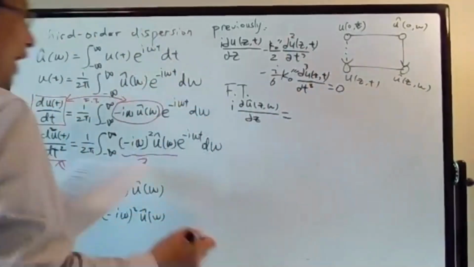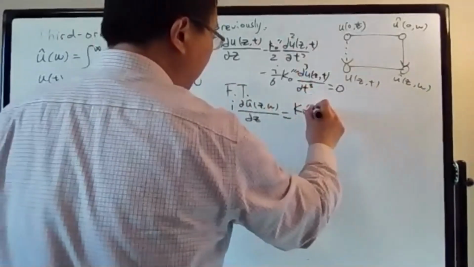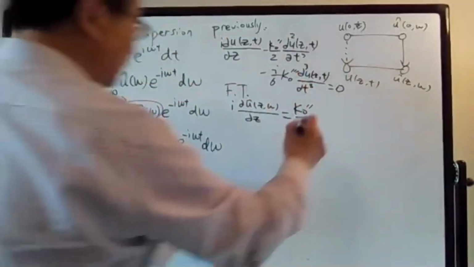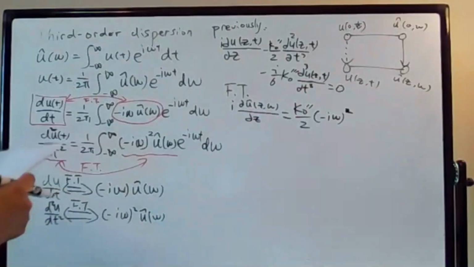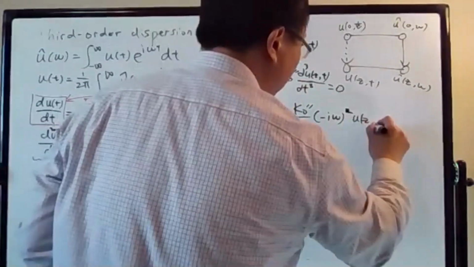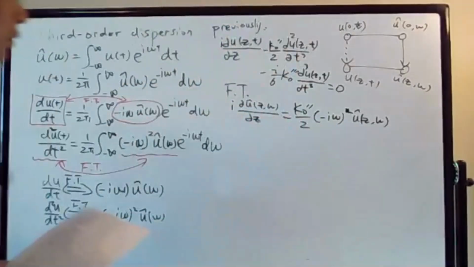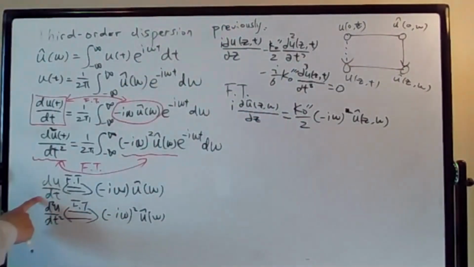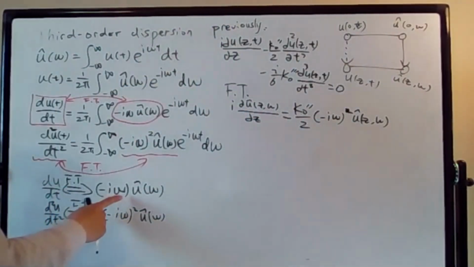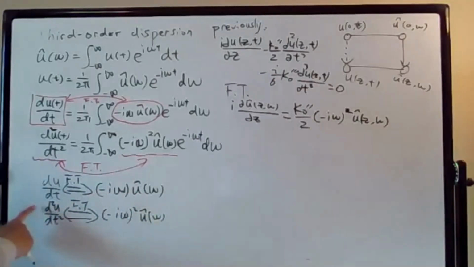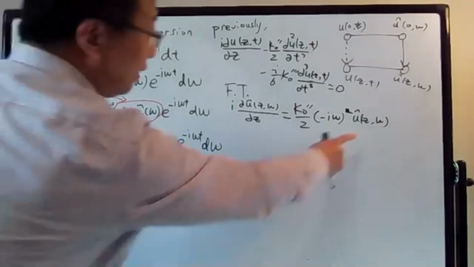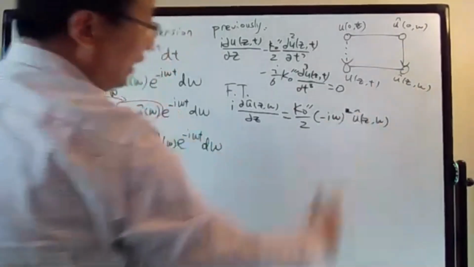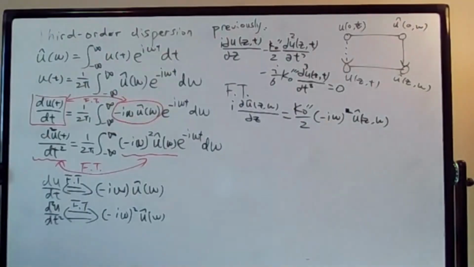Let's move it to the right hand side, so it becomes positive k naught double prime over 2 times negative i omega squared, times u tilde(z, omega). Remember, the Fourier transform of du dt is negative i omega u tilde, and the second derivative is negative i omega squared u tilde(omega), where we add the z component here.